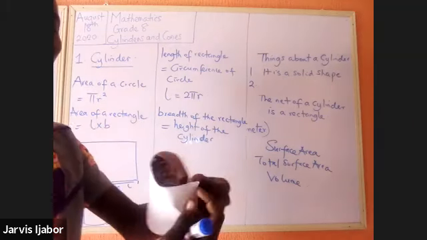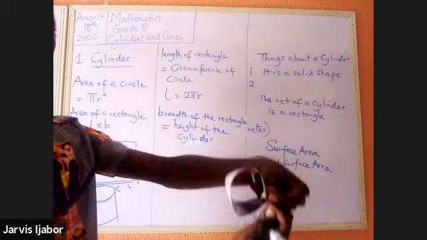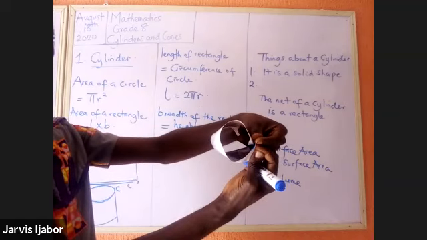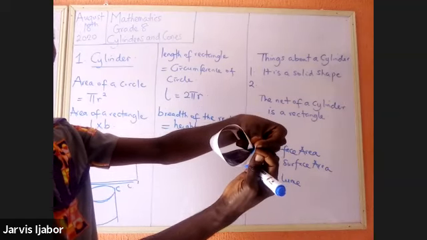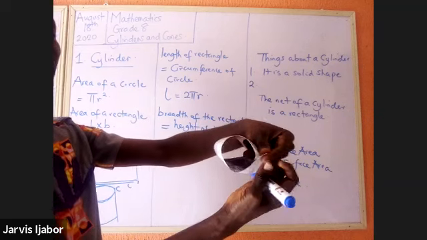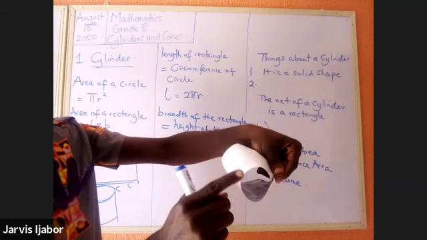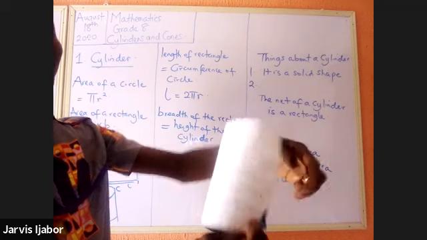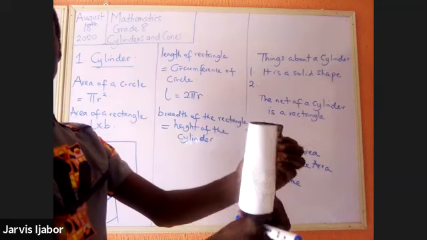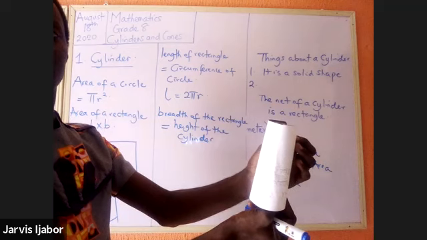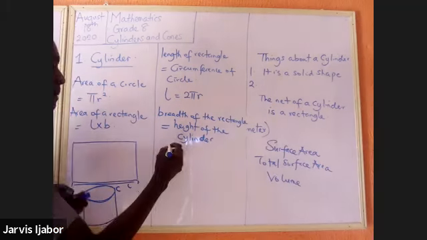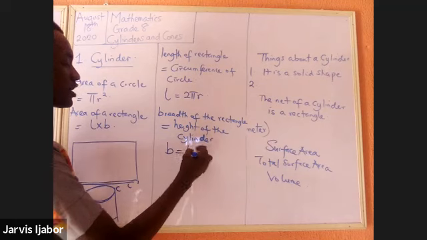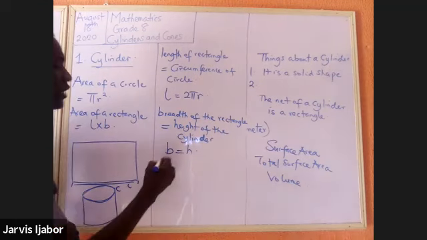After I folded it, the length becomes the base of the cylinder. Now, this breadth will form the height of this cylinder. So B will now be equal to H. So what then is the surface area?